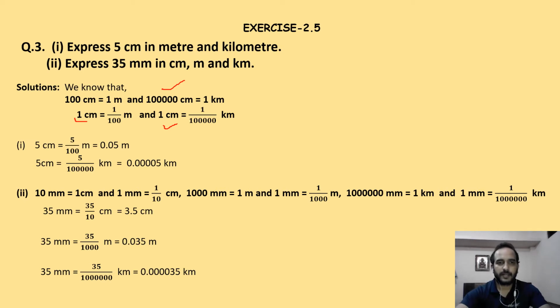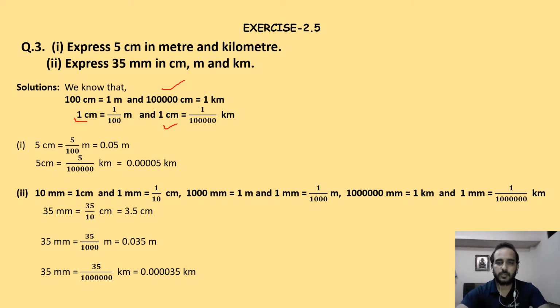Writing 5 upon 1 lakh, it becomes 0.00005 kilometers. This is how we convert into decimal value and convert the smaller units into larger units.